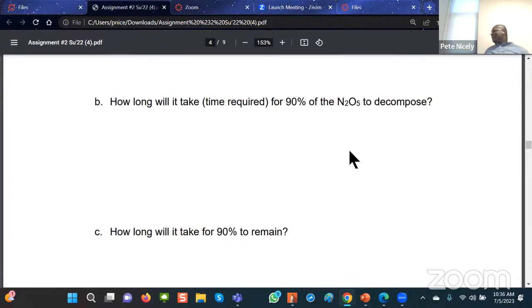Okay, let me ask you this. The question is asking for the time, right? Because the question is asking, how long will it take for 90% of the N2O5 to decompose?